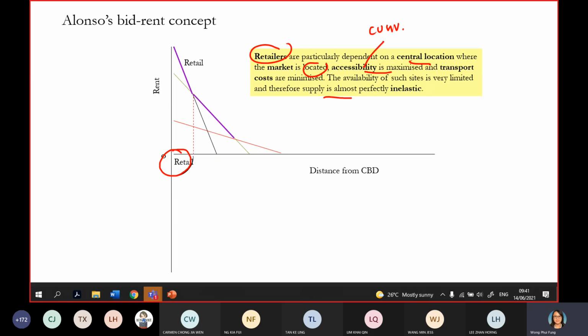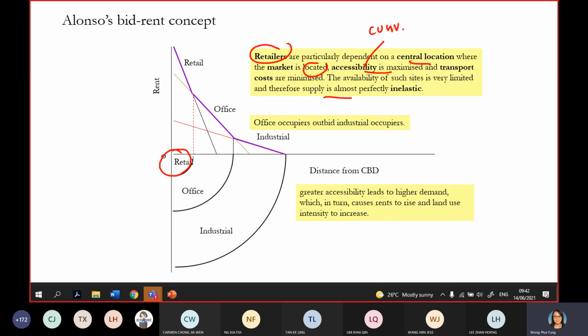Then further away will be office. Office occupiers outbid industrial occupiers. So meaning to say, not all of the offices, but some of the offices will choose to be further away from the city center. And last but not least will be industrial.